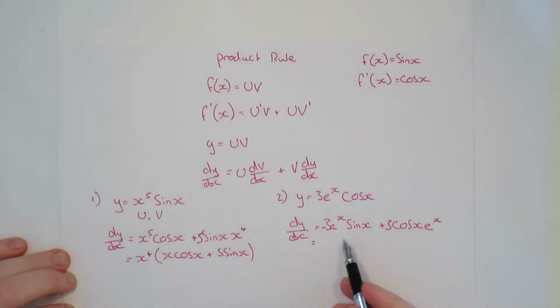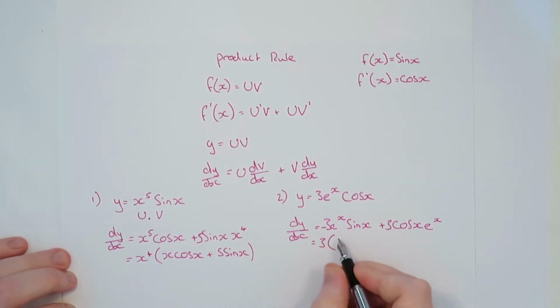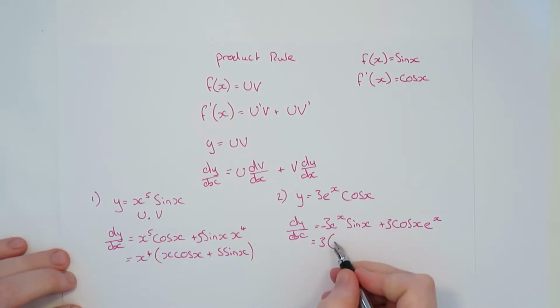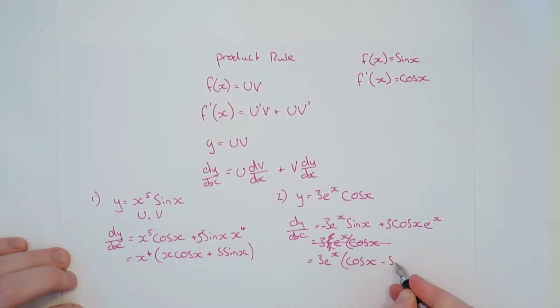Now I think most people would be more comfortable with, instead of having a leading negative term, putting it the other way, and that would be fine. So you could have 3 lots of e to the x cosine x. Oh, sorry, I was meant to factorise out the e to the x as well. 3e to the x, and then cosine x minus sine x.